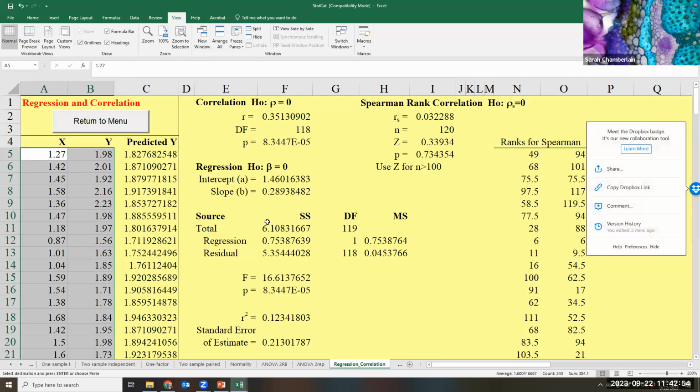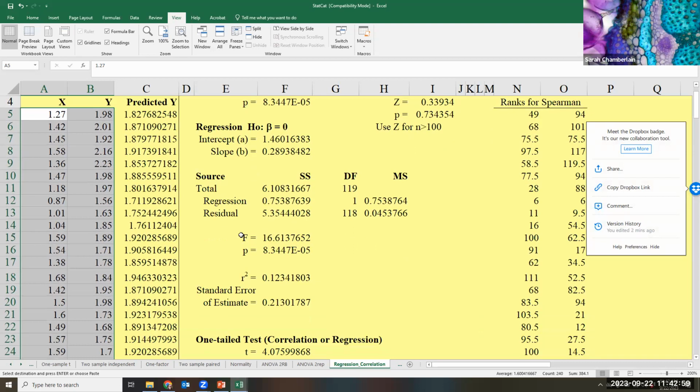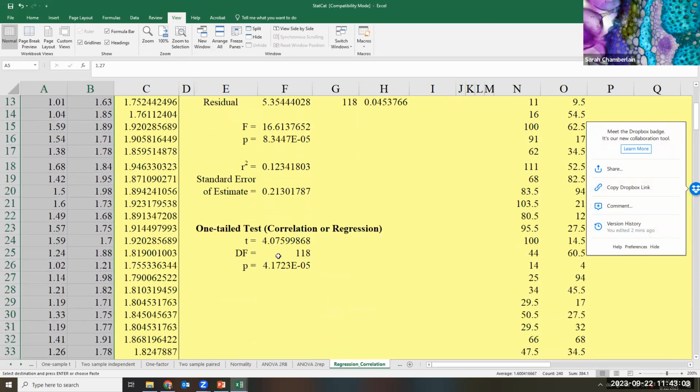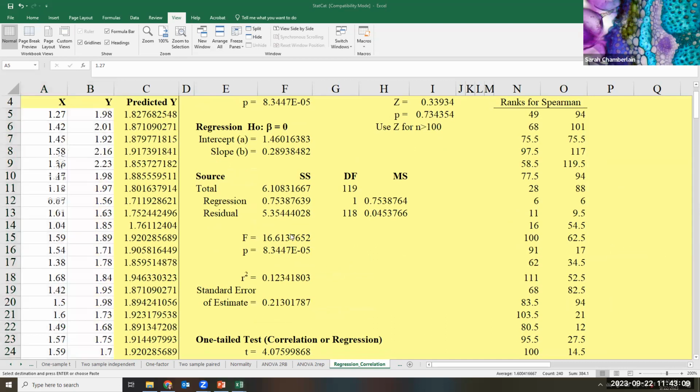Nice. Okay. Now, what other information do we care about here? So we care about F, we care about P, we care about R squared. And then yes, you are going to have to calculate your R. Thank you. Okay. So F we just report. Yes. Okay, so I'm just going to plop it.